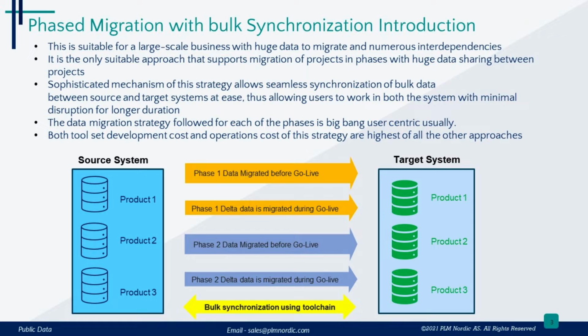The effectiveness of this strategy is in its capable mechanism, guaranteeing the smooth synchronization of significant amounts of data between source and target systems. This capability enables users to operate in both systems concurrently with minimal disruptions over an extended duration. The strategy adopts a Big Bang user-centric migration approach for each phase, prioritizing the end-user's experience during the transition.